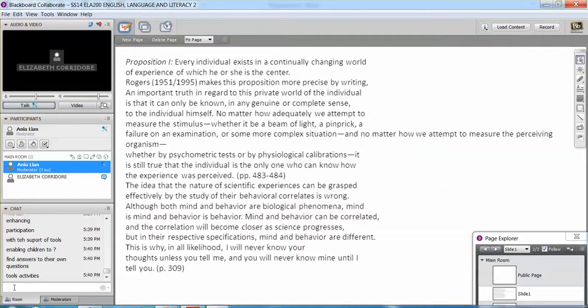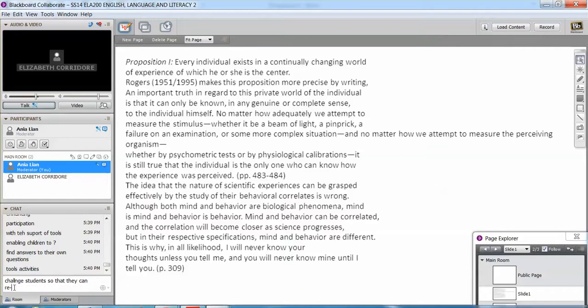And they not only enable children to find answers, they also challenge students so that they can re-examine, I'll just tell you how I call it in my academic words. Some of these activities also have to challenge.